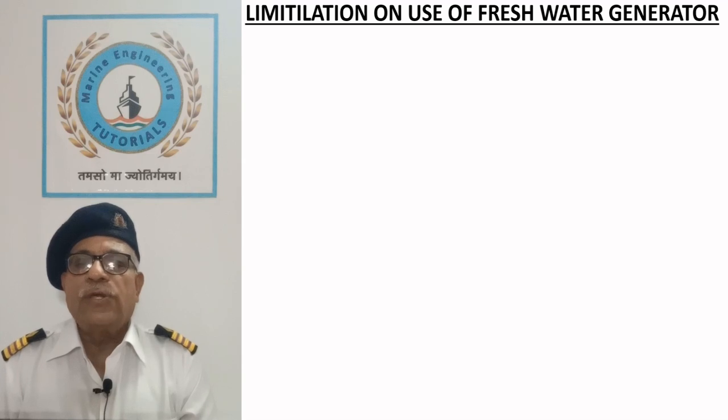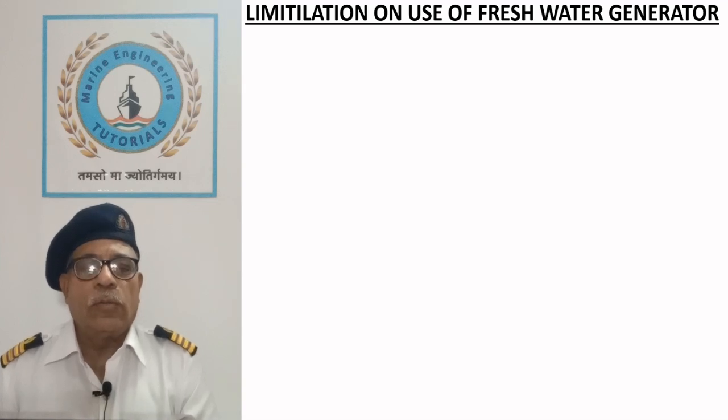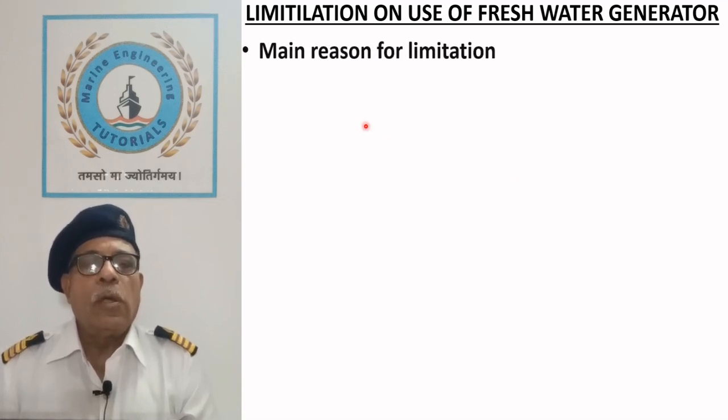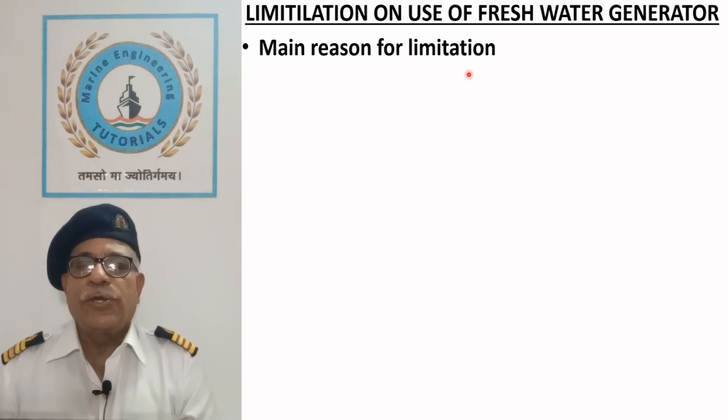Freshwater generator has certain restrictions for its use due to the following reasons. Main reason for limitation. Freshwater generator should not be operated within 20 nautical miles of the land or estuary, as the seawater may be heavily infected with bacteria which may get transferred to the produced freshwater.